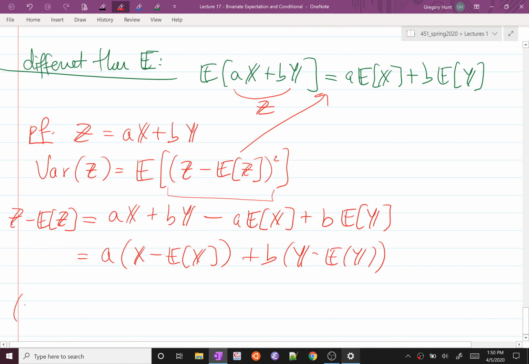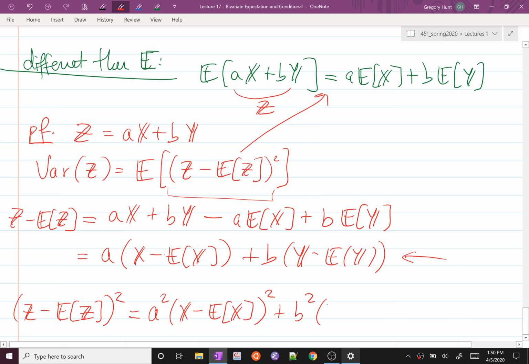So if I look at z minus E of z, quantity squared, well, now I just have to square this thing above here. And it follows my rule for squaring sums. It's the square of the first, which is a squared times x minus E of x squared, plus b squared times y minus E of y squared.